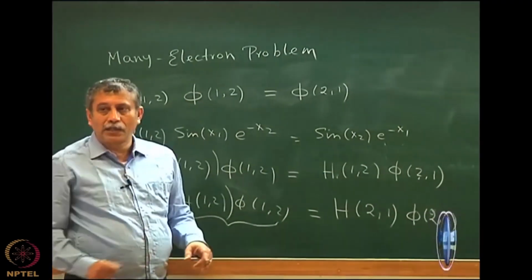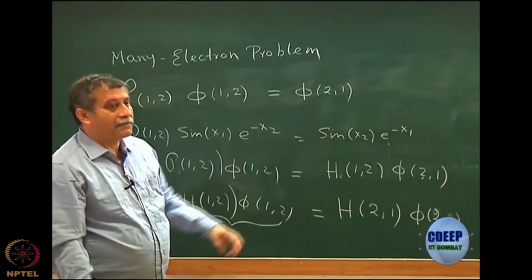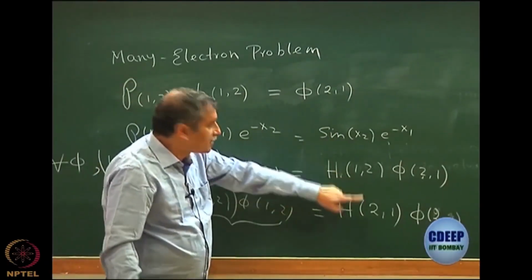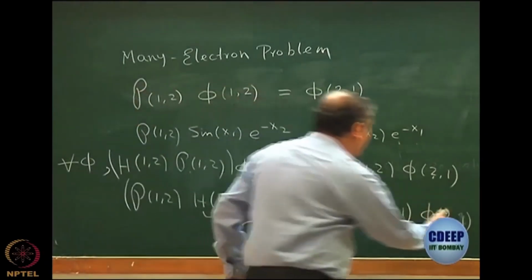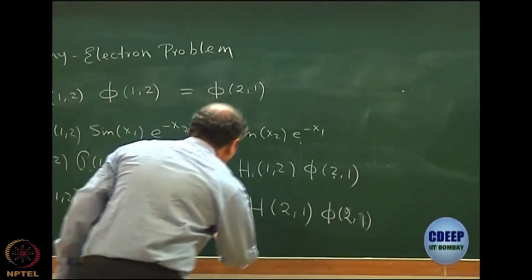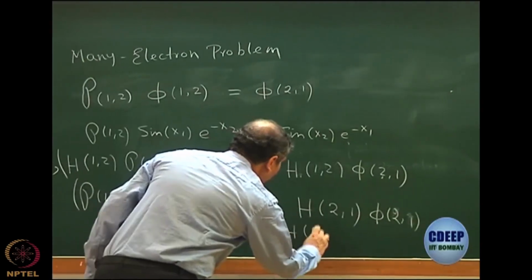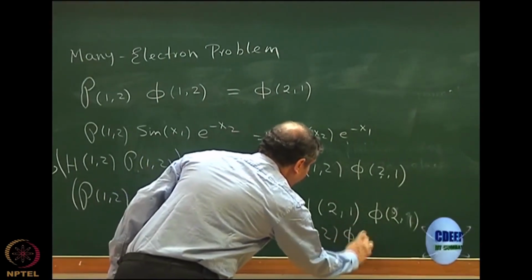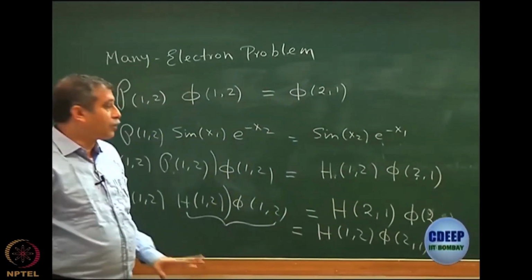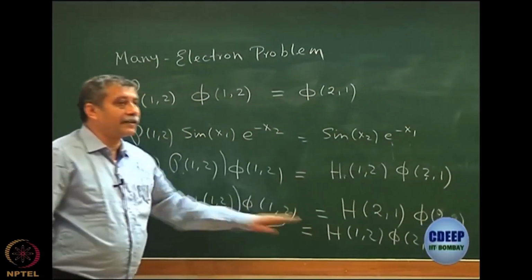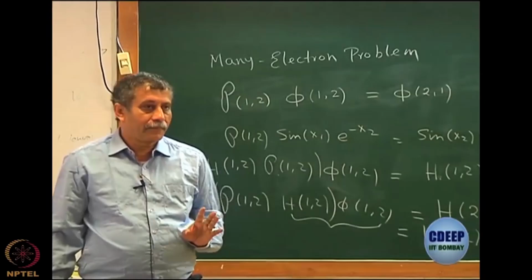However, now we note, because of the permutation invariance, this H of 1 2 is nothing but H of 2 1. All right. So, this can be further written as H of 1 2 phi of 2 1, or this can be written as H of 2 1 phi of 2 1. The point to note is that both of them are identical. Okay. Is it clear?